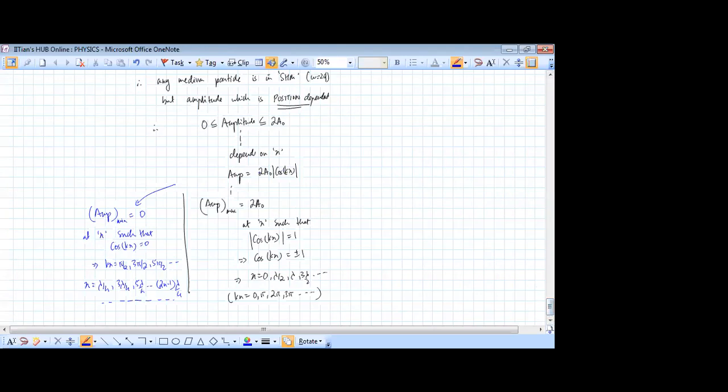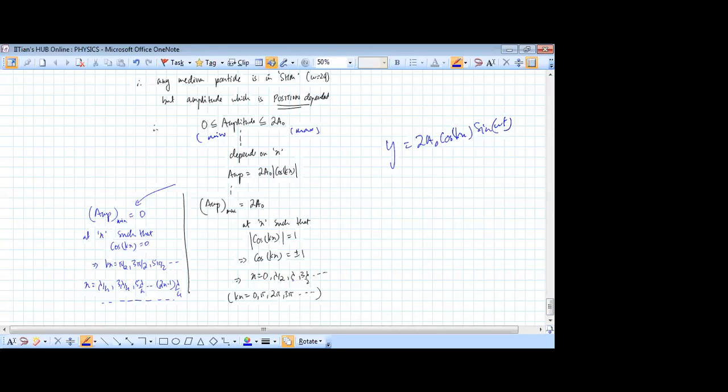Right, so this concept of position dependent amplitude should be clear from this, and you can see that this amplitude varies between the maximum value of this much and the minimum value of this much. For example, for the above wave equation, which was 2a naught cos kx sine omega t, from this equation we can see which positions exactly are having maximum amplitude.